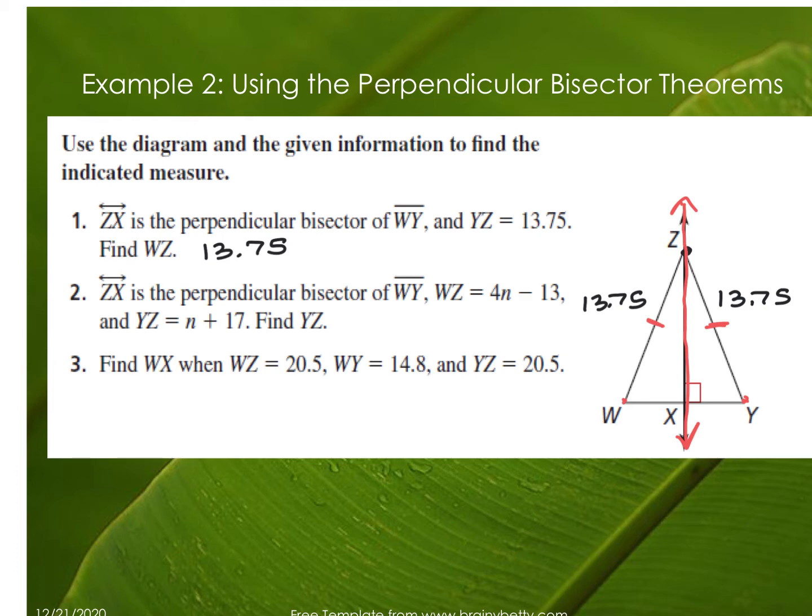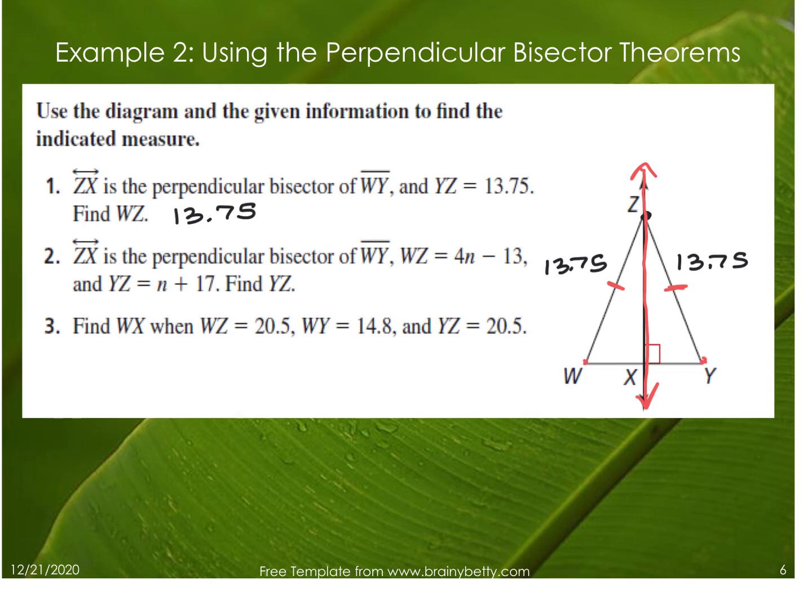Let's try the next one. Now this time, we're not going to use the same numbers here. So what we can do is pretend like this 13.75 is gone. Now what they're doing is giving me expressions for the length of WZ and of YZ. They're telling me that, again, ZX is the perpendicular bisector of WY, so I still know that those two segments are congruent.